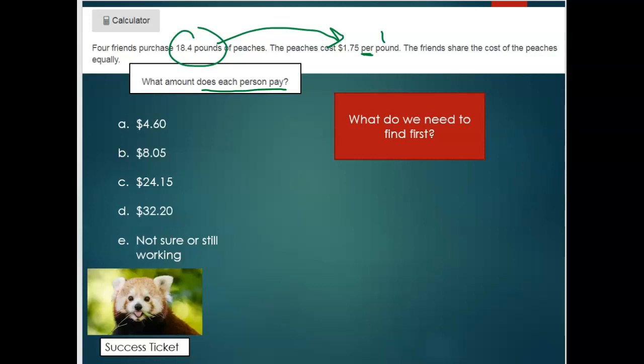Okay, normally we don't put the 1 there. And this is a good example of a unit rate, which we'll get to later. But we have 18 4/10 pounds, and it costs $1.75 per 1 pound.